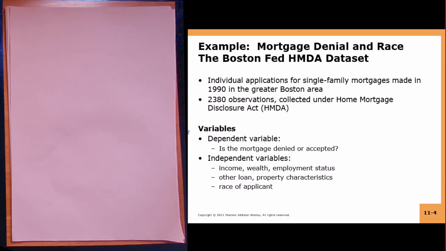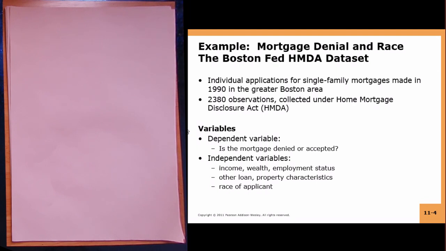Now, logit and probit regression, or discrete dependent variables. Logit and probit are just two methods for estimating, but discrete dependent variables are a very important subset of research questions that many people may want to answer.